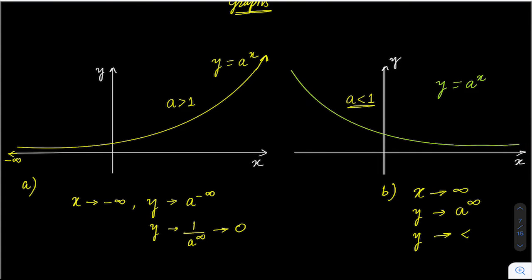If you take any number less than 1, even 0.99, and you raise it to the power infinity, a very large number, then this value approaches 0. I hope everyone understands this.